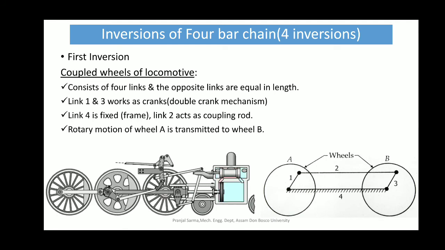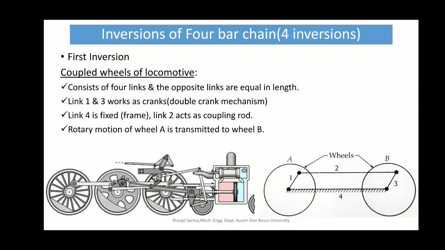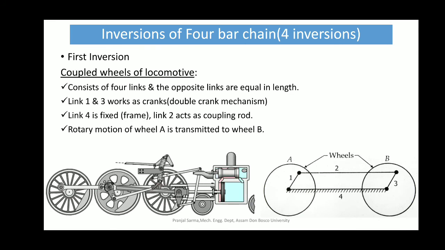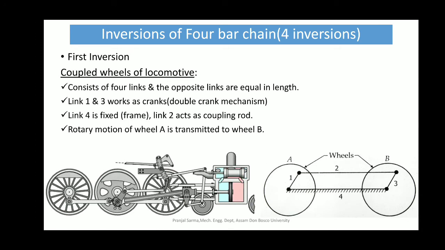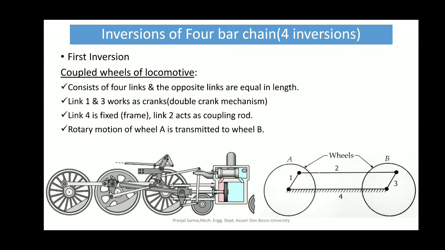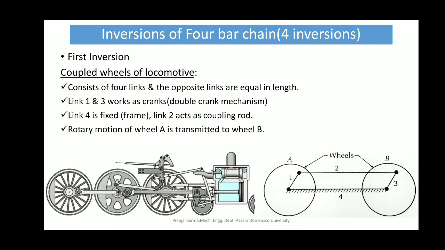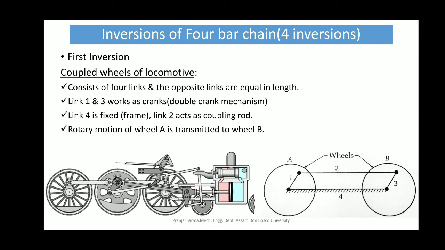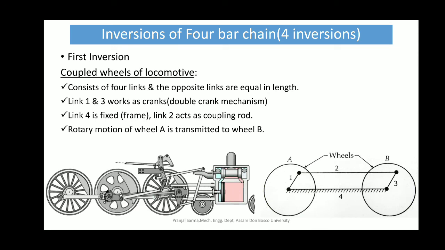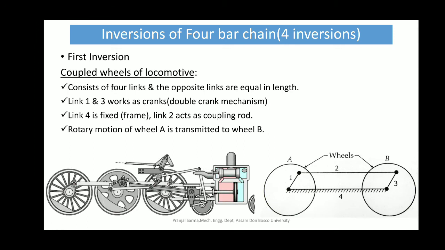Based on how many links are there in that chain, fixing one link at a time can be done in multiple ways. If there are 4 links, then in 4 different ways we will be able to fix one link at a time. This gives us multiple inversions and multiple mechanisms.